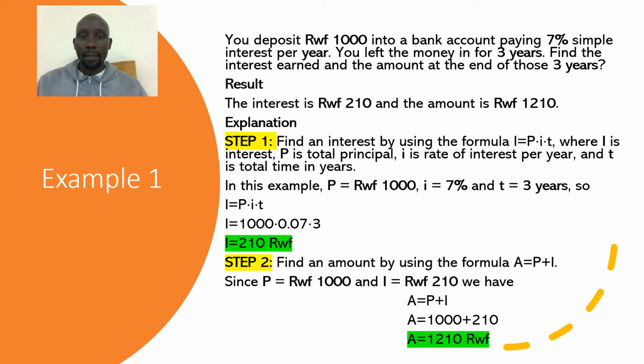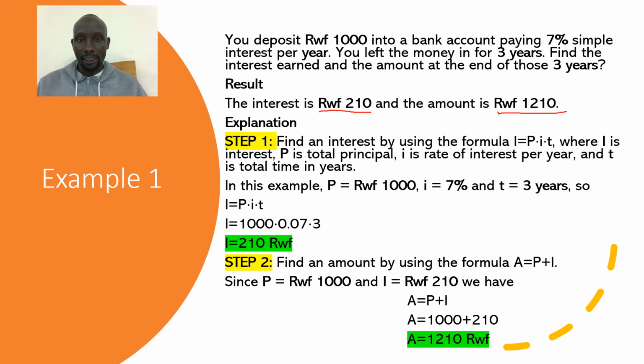So after the 3 years, the interest that you will have earned will be 210, and the total amount that will be in your account will be 1,210. So let's see how we come up with this.